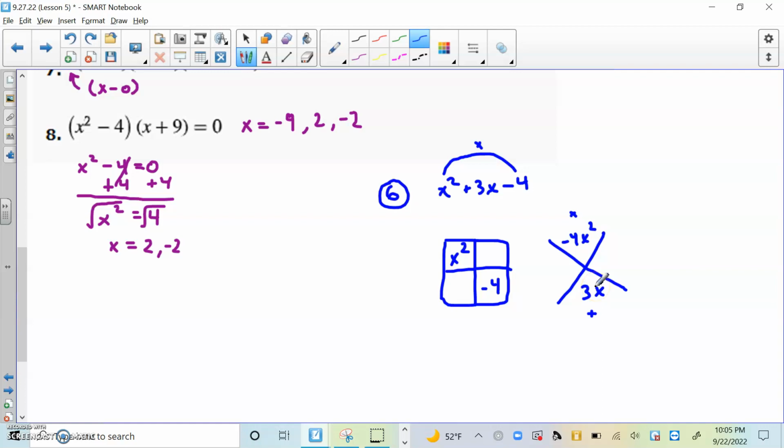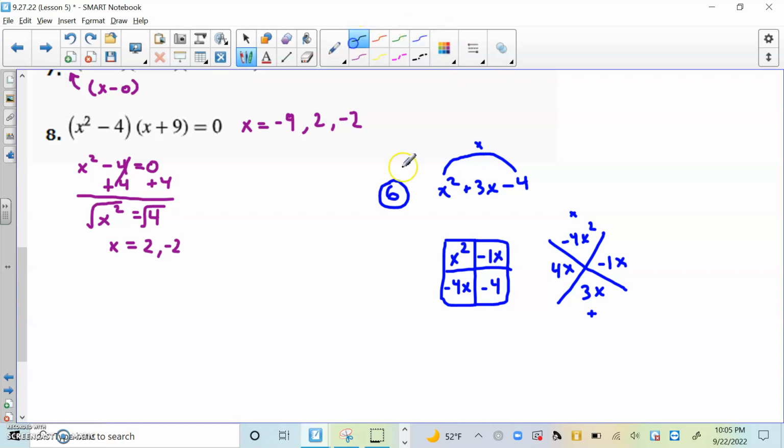So if we ask ourselves, what multiplies to make -4 and adds up to make +3, hopefully you would eventually realize that you get that with 4 and -1. But we do have x's involved, so these are going to be x terms. 4 and -1 do add up to 3, and they do multiply to -4, so we're good to go. We'll go ahead and put those in these empty boxes.